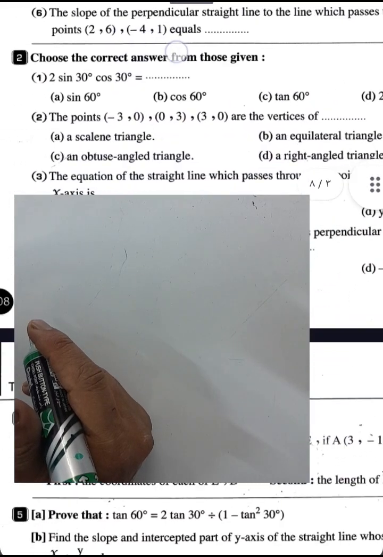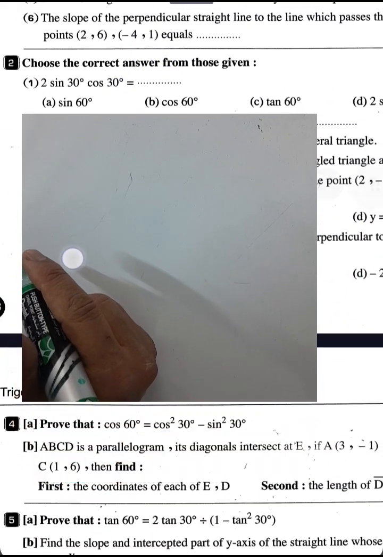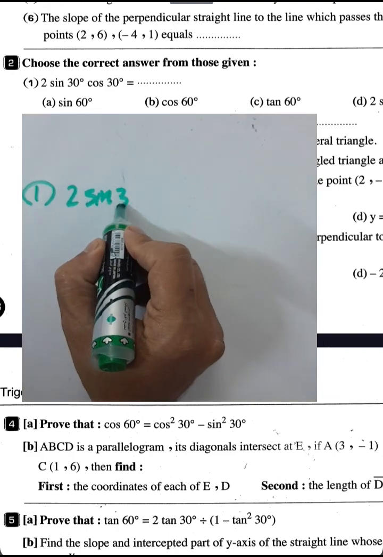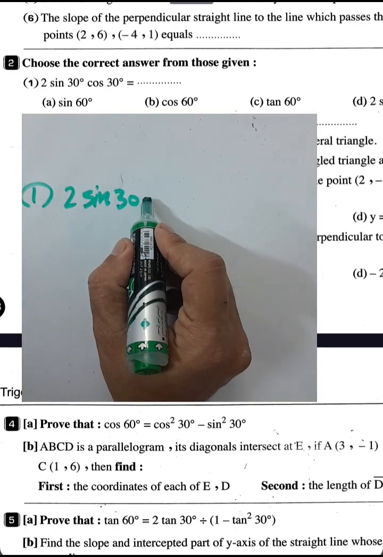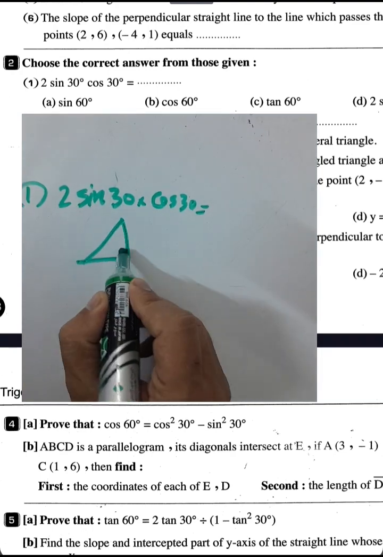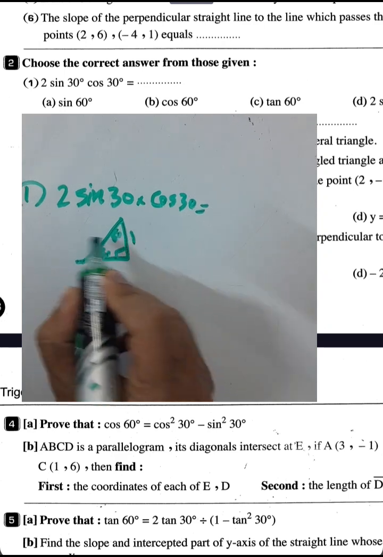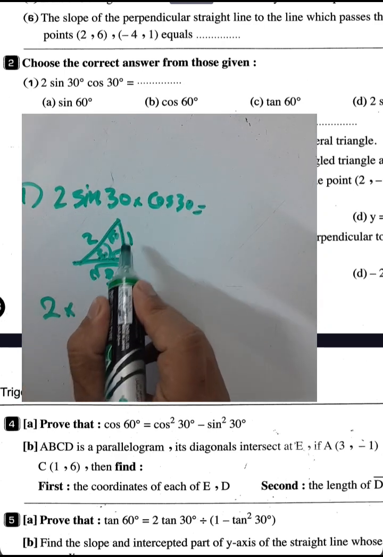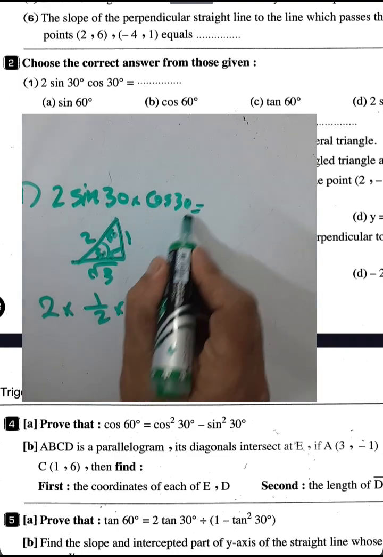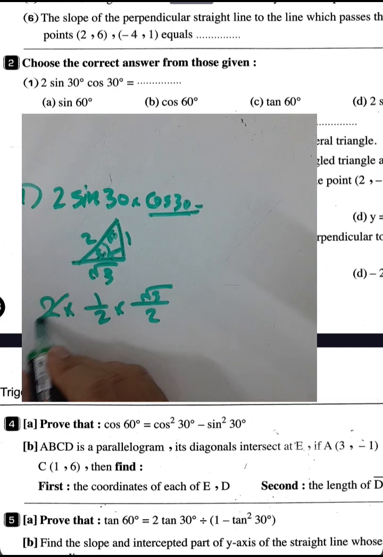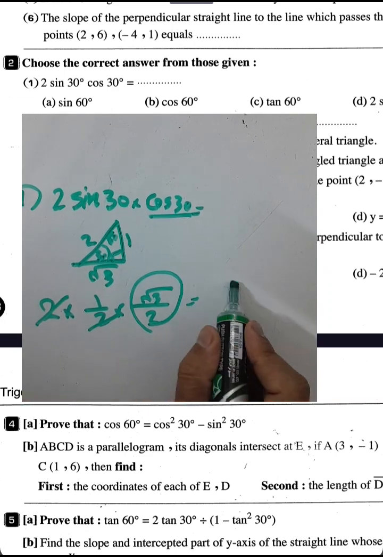Question number 2. Choose the correct answer. Number 1. Find the result of 2 times sine 30 times cosine 30. We can draw 30 and 60, 1 and 2 and root 3. The result will be 2 times sine 30, which is 1 over 2. And cosine 30 is adjacent over hypotenuse, root 3 over 2. Cancel 2 by 2, then the result will be root 3 over 2.